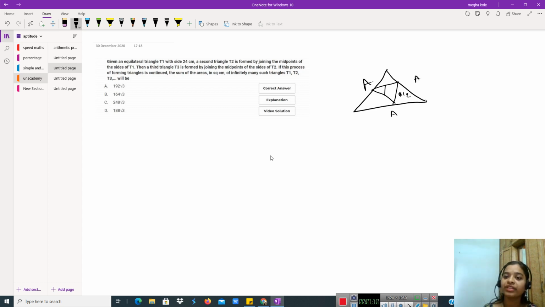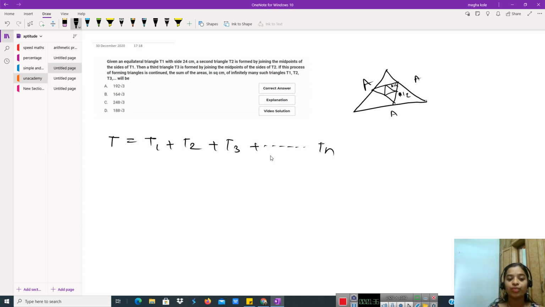Again, if we join the next midpoints, then the sides will be a by 4. So this will be processed further for infinite times. Now we have to find out the total area of such triangles. So that will be T is equal to T1 plus T2 plus T3 plus so on.